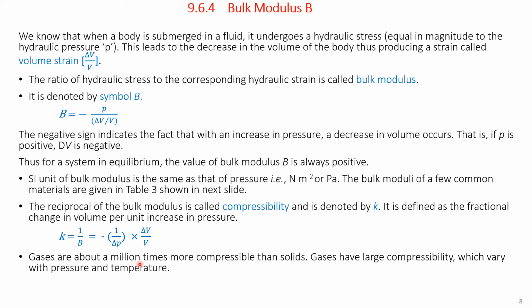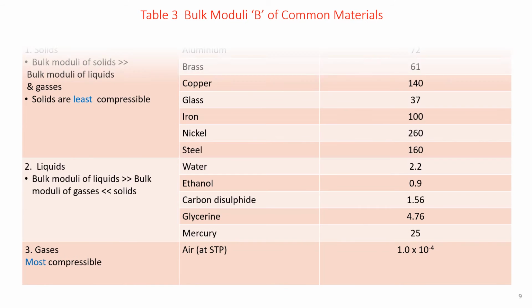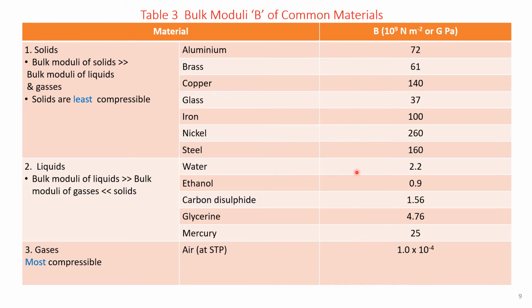Gases are about a million times more compressible than solids. Gases have large compressibility, which varies with pressure and temperature. Table 3 shows the bulk moduli B of common materials. Please see the table below, shown on the screen.